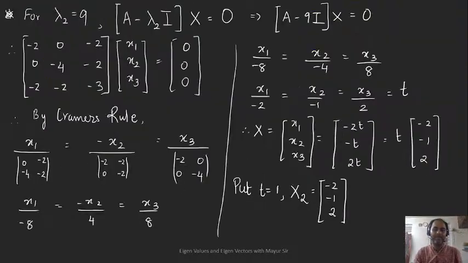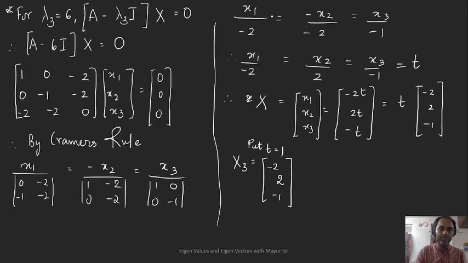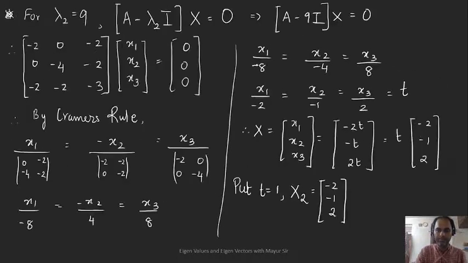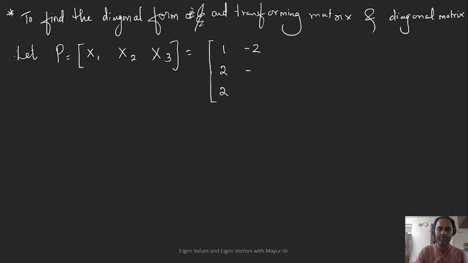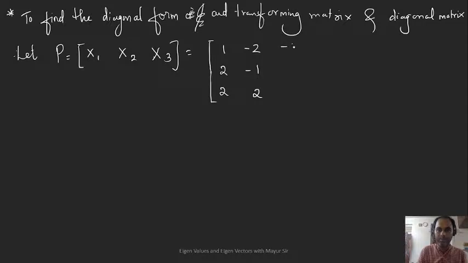So the first eigenvector was 1 2 2. Second eigenvector is minus 2, minus 1, 2, and the third one is minus 2, 2, minus 1.